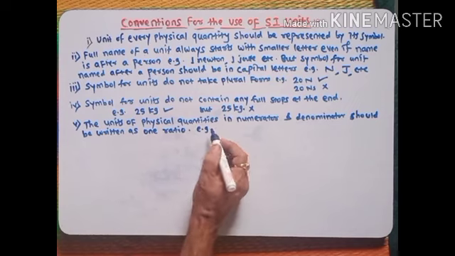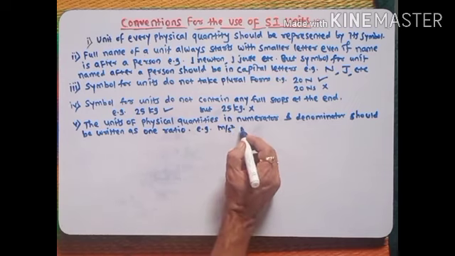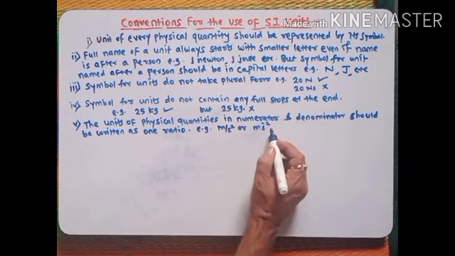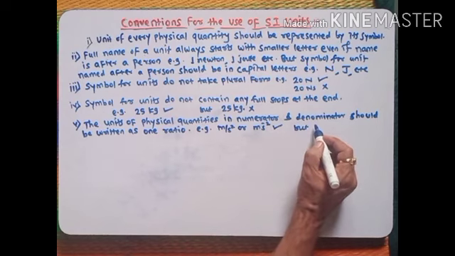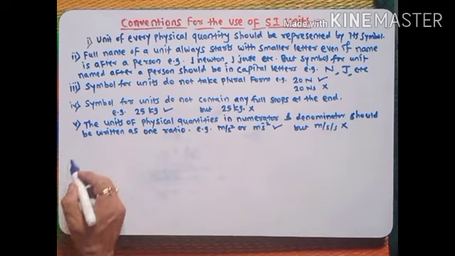For example, meter per second square, or meter second raised to minus 2 is correct, but meter per second per second is incorrect.